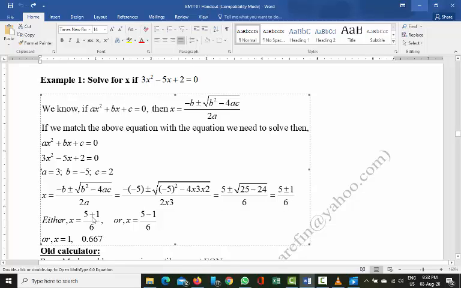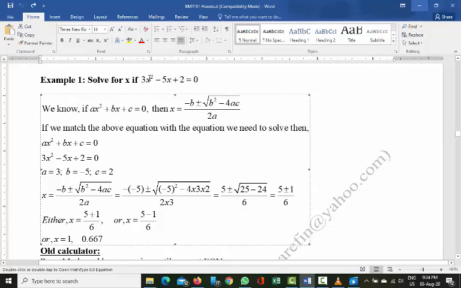So we will take either the plus value or the minus value. So 5 plus 1 divided by 6, and then 5 minus 1 divided by 6. If you calculate, you will always get two values of x, because this is a second degree equation.